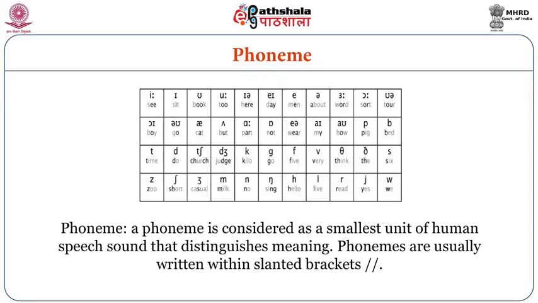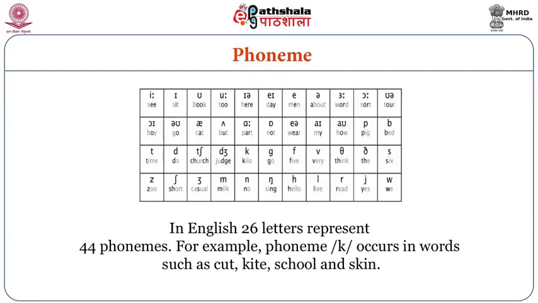Phonemes are usually written within slanted brackets. In English, we have 26 letters and they represent 44 phonemes, that is, 44 sounds. For example, phoneme k occurs in words such as cut, kite, school and skin.